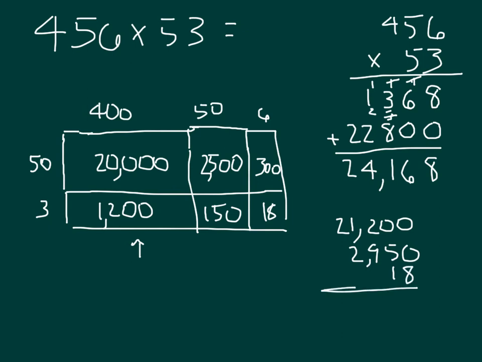Of course, you could just write them all out, the 6 addends, and then carefully add them. But in some instances, as long as you can do so accurately, it helps to use some mental math to be able to solve it and work through it. 24,168 computed with that area model matches my standard algorithm approach.